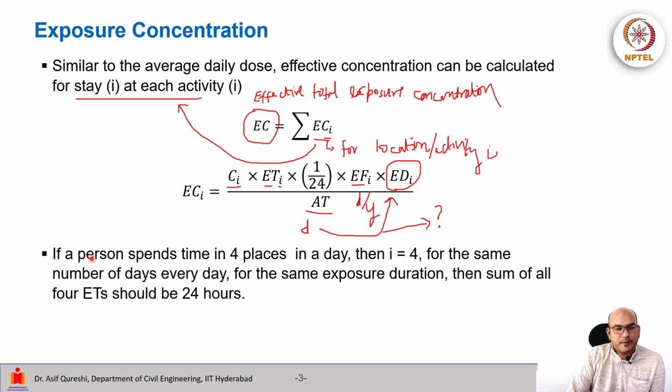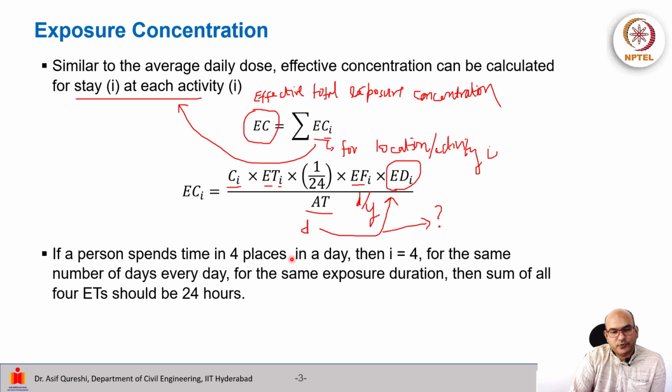So if a person spends time in 4 places in a day, so let us say kitchen, bedroom, living room, and let us say one office, and everything else is zero. Or let's say a person is staying indoors for a couple of years, as a thought process, like a lockdown.